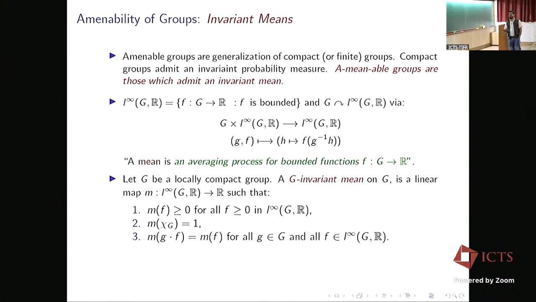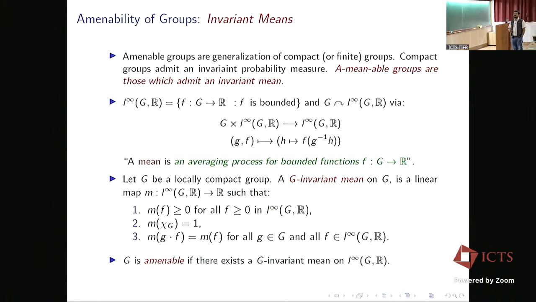So this is called an invariant mean. This is also called invariant states at some places. G is amenable if there exists a G-invariant mean on the space of bounded functions L infinity(G).